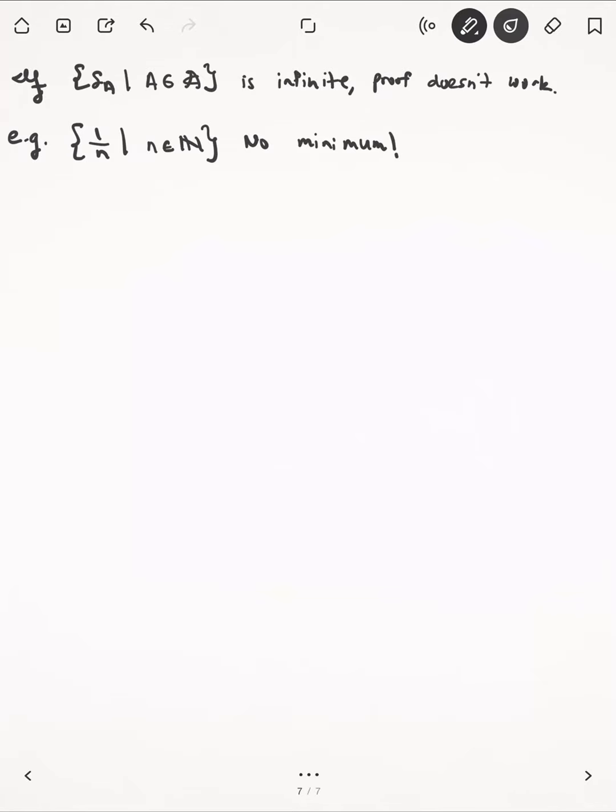Okay, so some more examples now, just some examples pertaining to the theorem we just talked about.